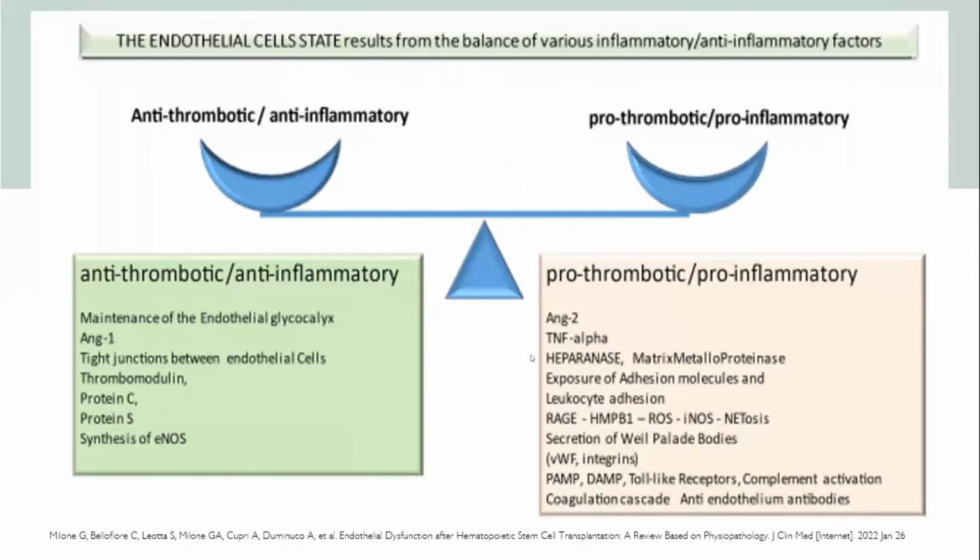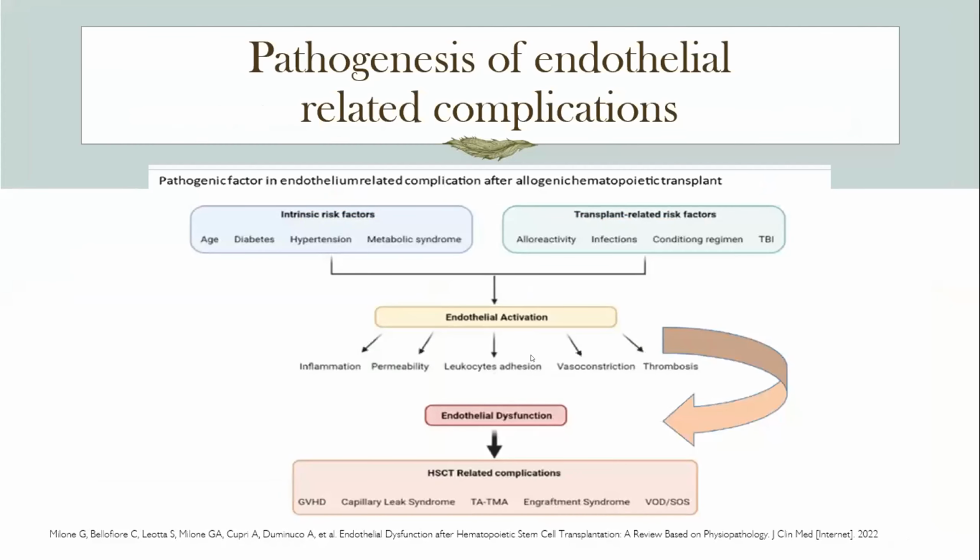The endothelial cell state results in a fine balance of inflammatory and anti-inflammatory factors, and this results in an equilibrium. Disruption of this balance will result in endothelial activation. If the insult is prolonged, this will result in endothelial dysfunction. The pathogenesis of endothelial related complications is based on risk factors, which include both intrinsic risk factors and transplant-related factors.